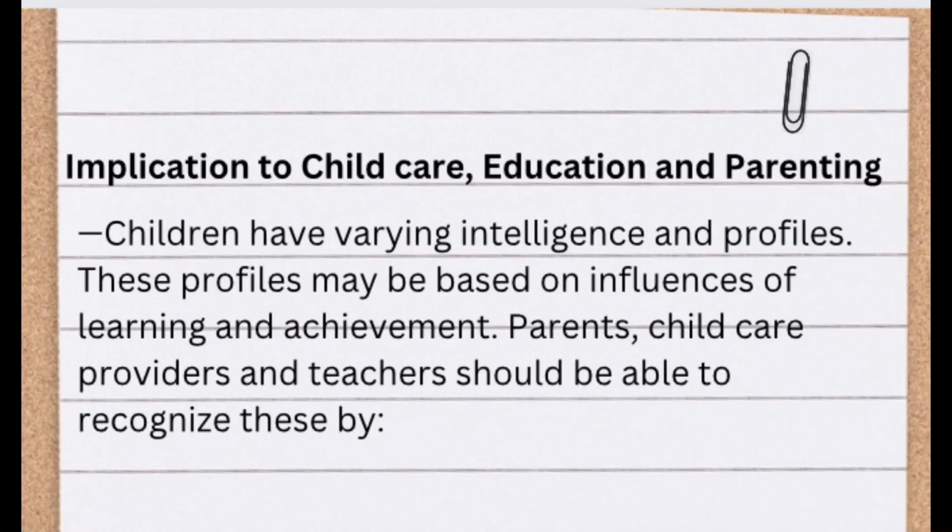So we have the difference gyud na mga kinang intelligence na masud gyud ta. So these profiles may be based on influences of learning and achievement. So magbase ra gyud na siya sa kung kinsa nakapa-influence sa bata o ang iyahang pag-learn o gihapong na-achieve sa iyahang life.